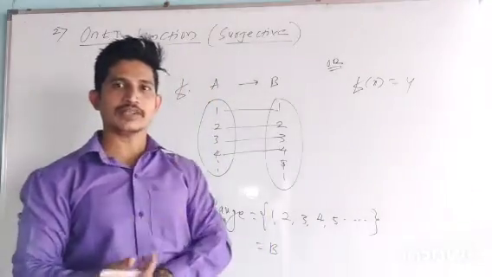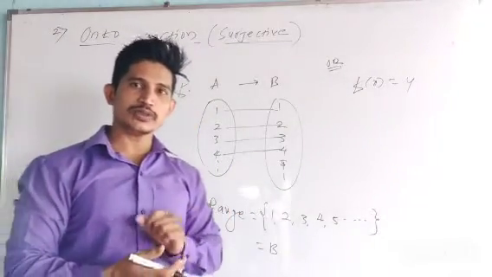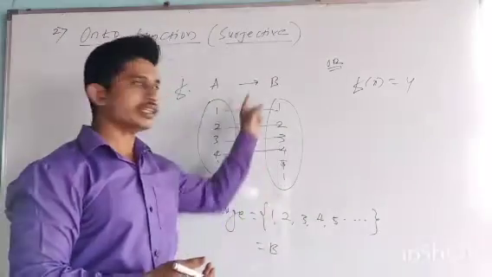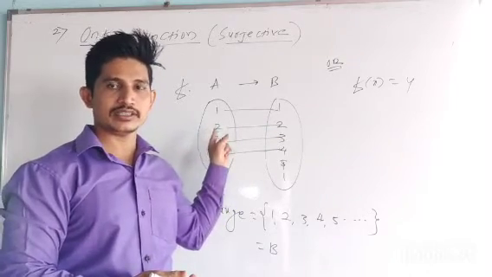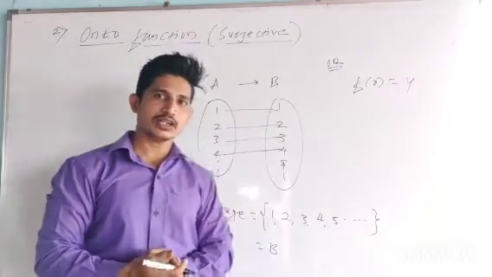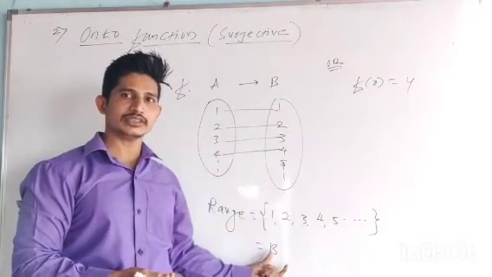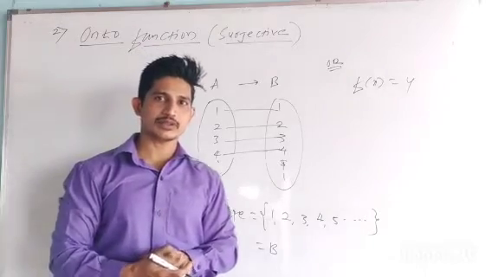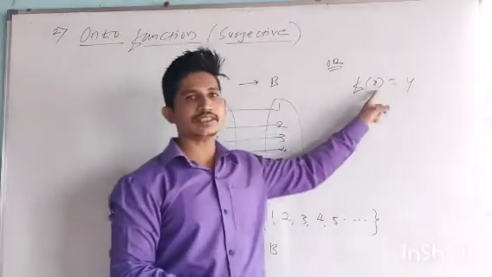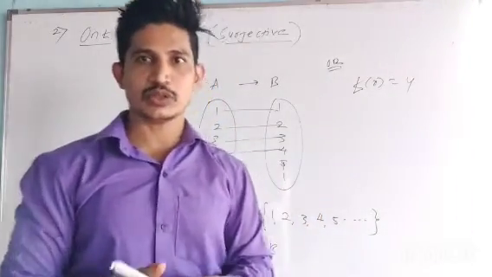So there are two definitions now. The function is called onto function if all the elements in the second set are paired to any element in the first set. Or range is the second set, then the function is called onto function. Or f of x is equal to y, then the function is called onto.